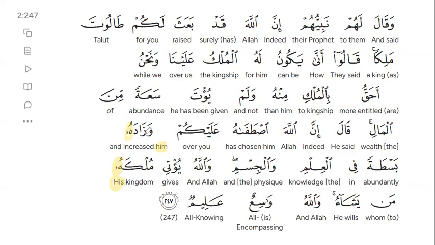So when a verb attaches itself to a pronoun, the pronoun's meaning is of an object, which means him. And mulkahu, his kingdom, this is the relationship of possession. And this is the relationship of object. Does that make sense? Very good. Okay.